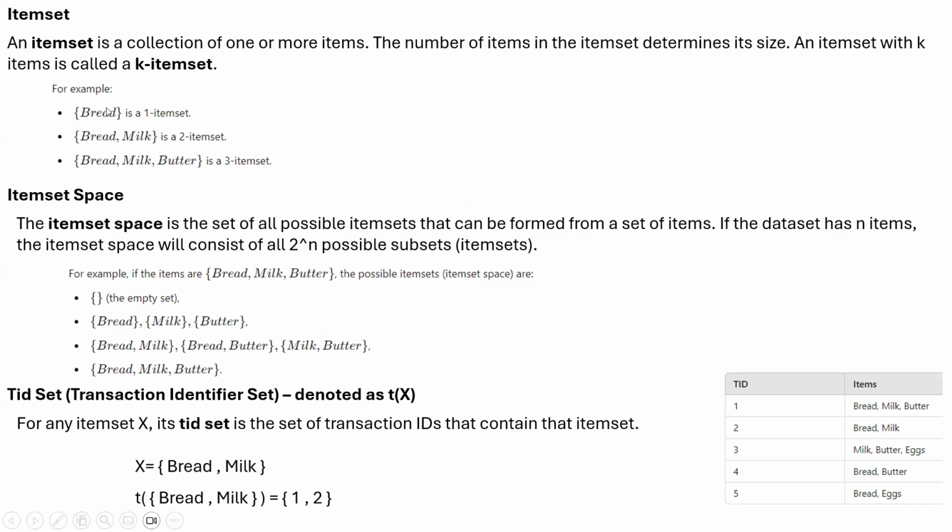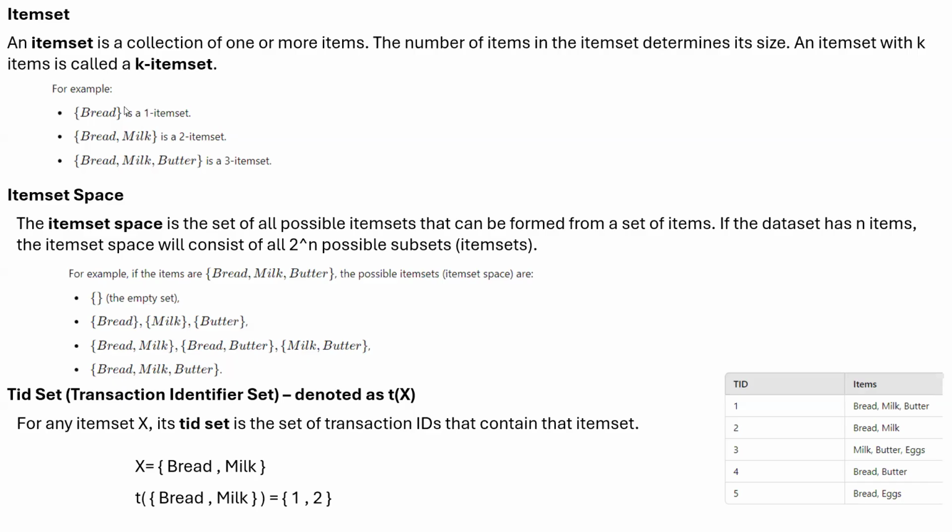So an item set is nothing but a collection of one or more items. The number of items in the item set determines its size. If you see this particular item set, there's only one item, so it is called a one item set. If it has two items, it is called a two item set. If it has three items, it is called a three item set. Each item has to be unique in the item set.